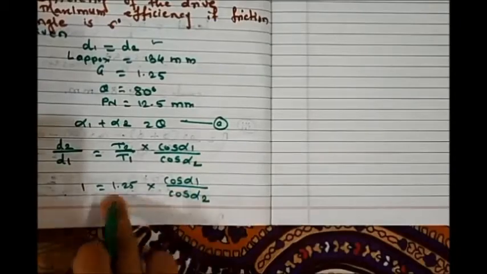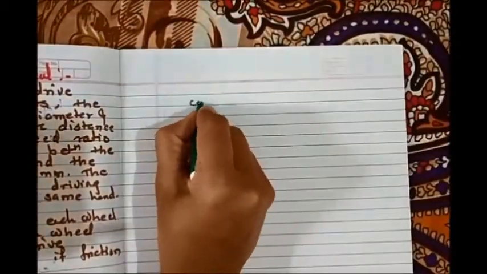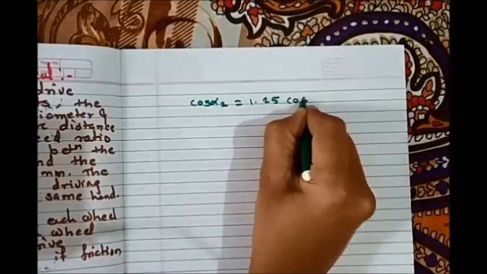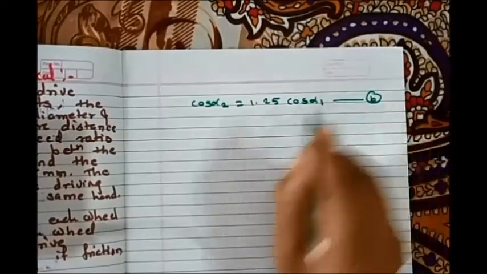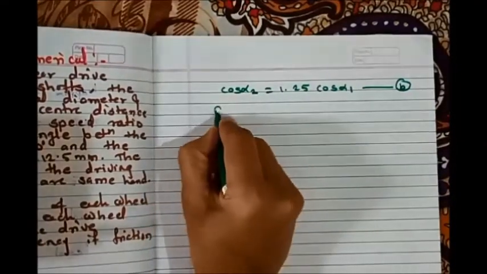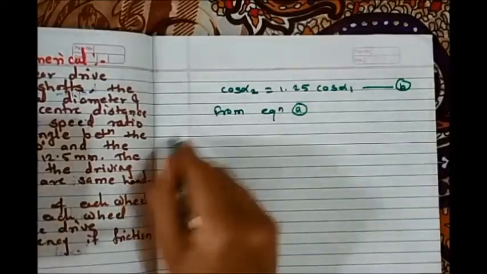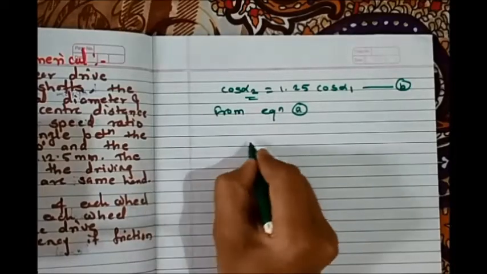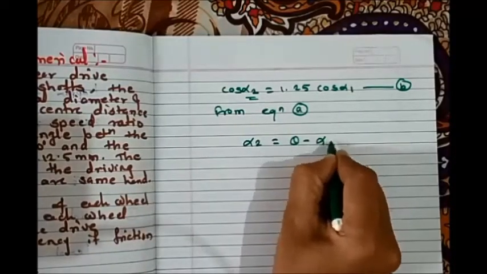Let's shift this cos alpha 2 to the left side, so we get cos alpha 2 is equal to 1.25 cos alpha 1. Okay, let us say this is equation B. Now from equation A we can calculate alpha 2 in terms of theta and alpha 1.